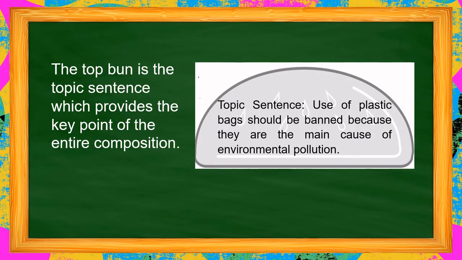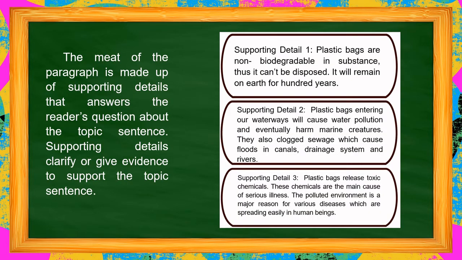The top bun is the topic sentence, which provides the key point of the entire composition. The meat of the paragraph is made up of supporting details that answer the reader's question about the topic sentence.